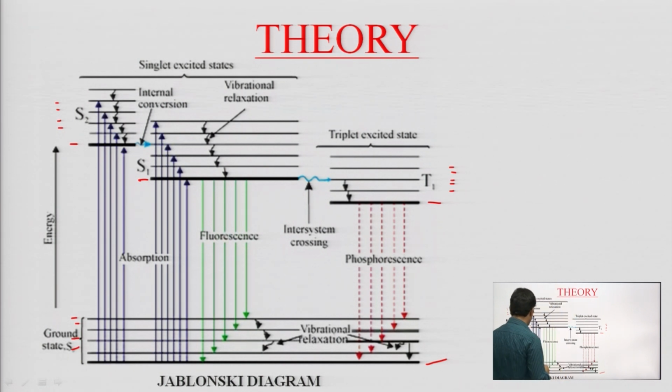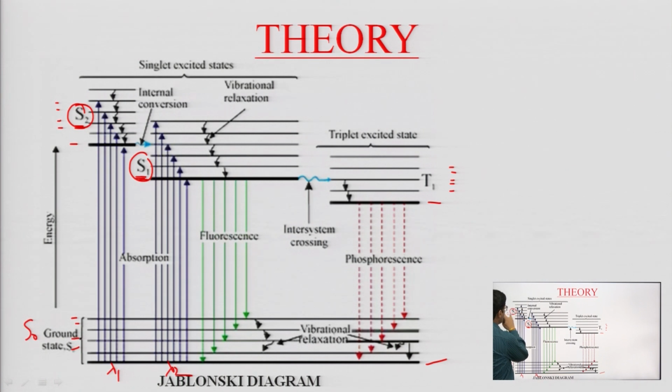When we supply energy, suppose lambda 1, absorption takes place from the ground state to the excited singlet state. The singlet state can be S1 or S2, any of them, and the excitation would be into any of the vibrational levels. This is lambda 1, this is lambda 2.